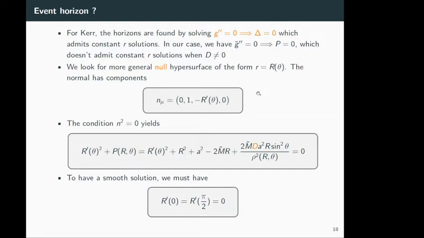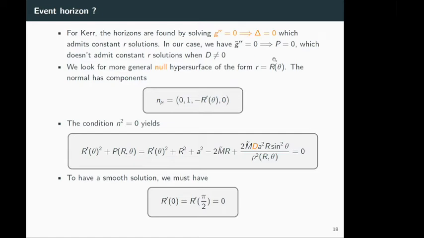If you ask for a surface to be located at constant r, then you take a normal vector with covariant components which are just 0, 1, so you don't have this part. If r prime is 0, then you're looking at the normal vector to a constant r surface. And if you ask for this norm to be 0, then usually you solve this equation, grr equals 0, and for the Kerr case, you end up with delta equals 0.